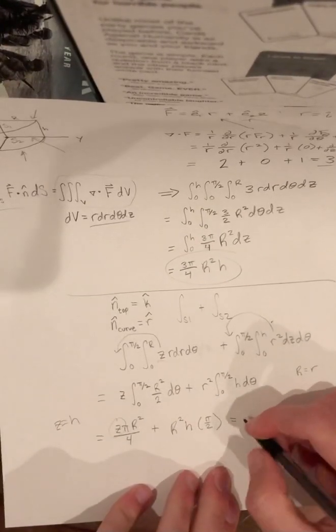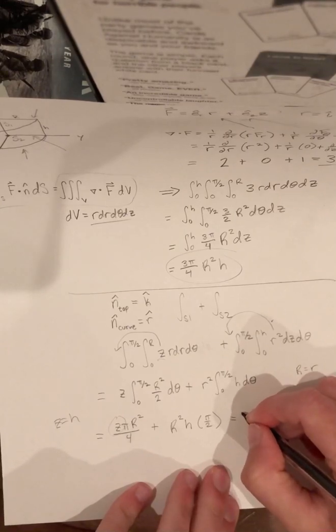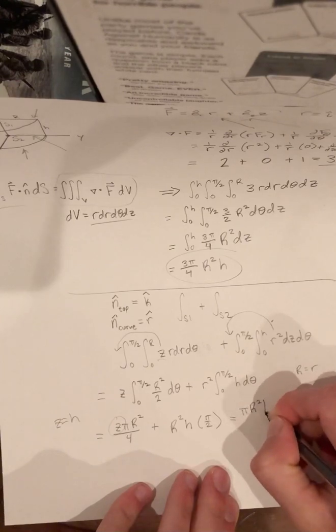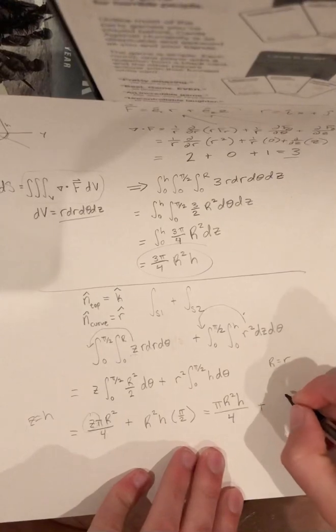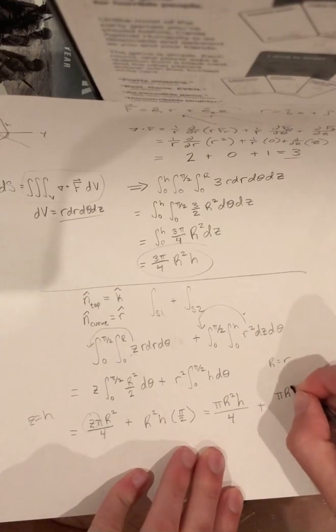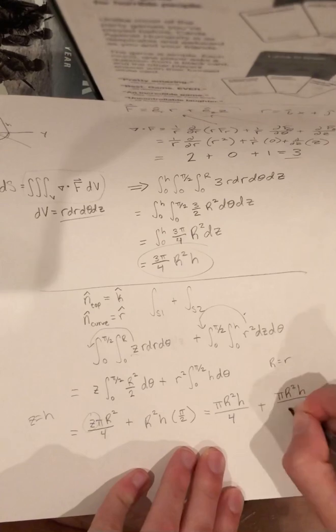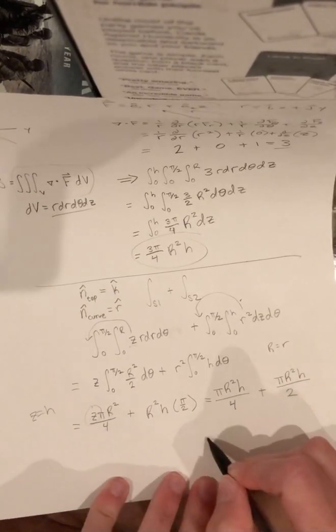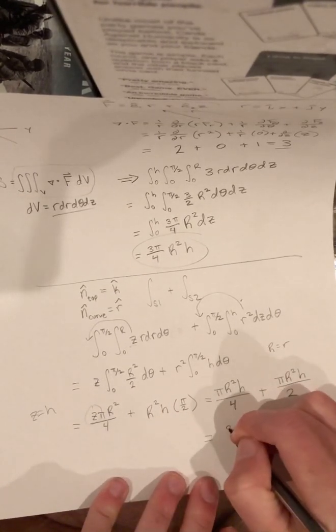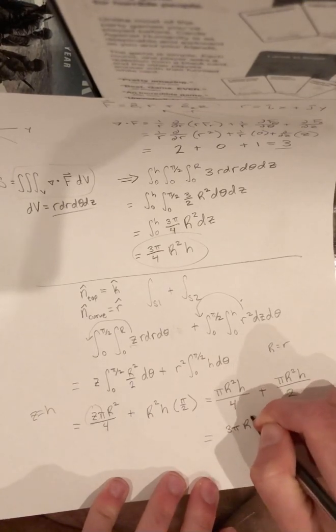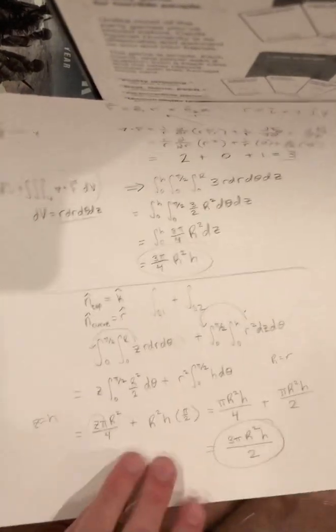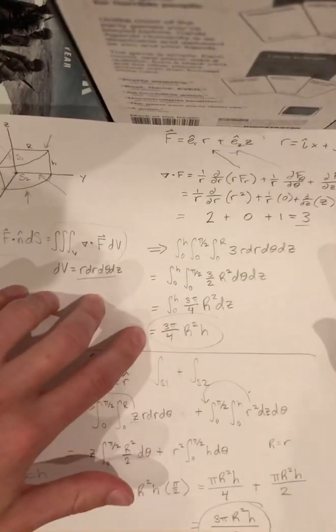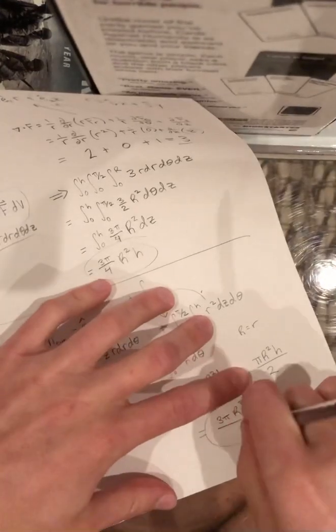So we can now look at it like pi r squared h over 4 plus pi r squared h over 2, which can be simplified to 3 pi r squared h over 4.